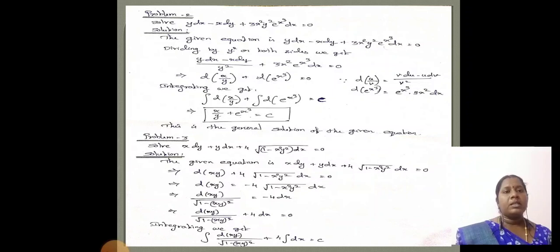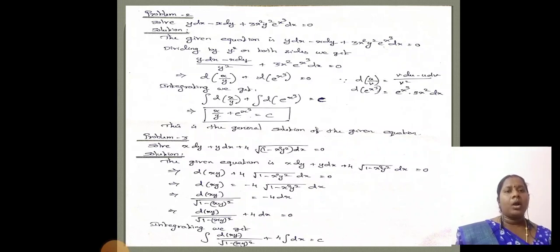So, by using this formula, the first two terms can be written as d of x by y, and the second term can be written as d of e power x cube equal to e power x cube into 3x square dx. So, we replace the second term by d of e power x cube equal to 0.